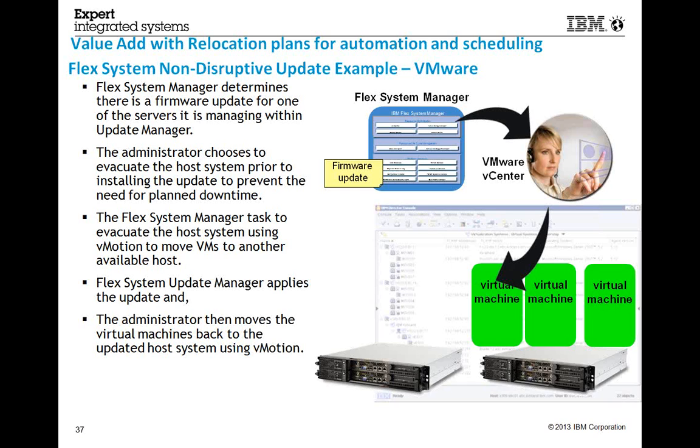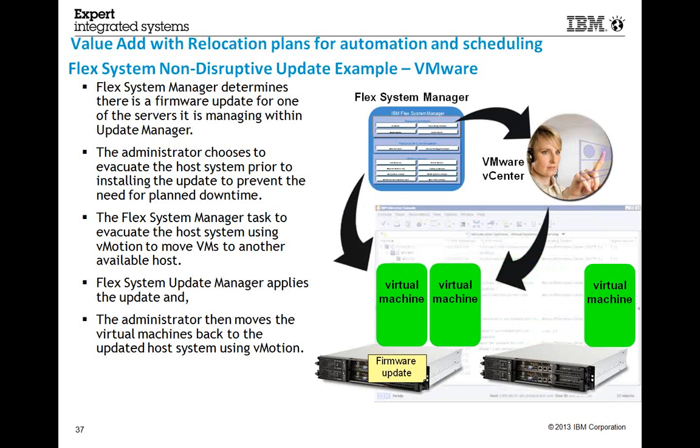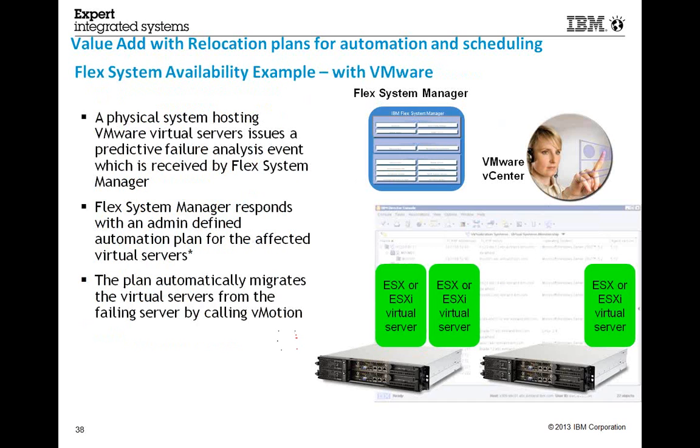Then FSM applies the update to the server, checks for compliance, and when the work is done, the VMs can be moved back once the firmware update has been applied, right? Plain and simple. That's a plain and simple relocation plan, right? You have another issue of availability, okay?